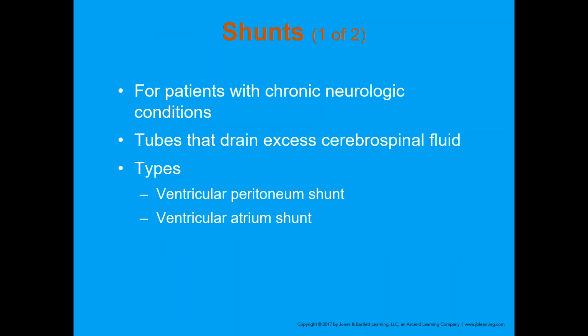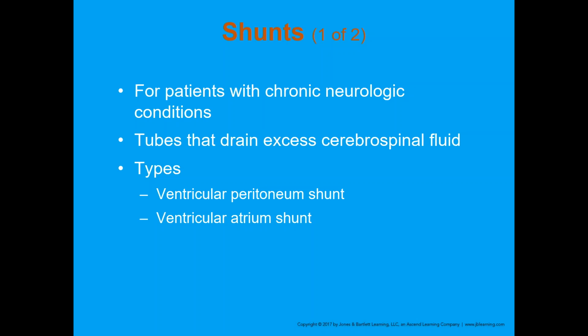So shunts, we talked about shunts a little bit before. Didn't really go too into detail with it. Most times this is for neurologic issues, okay, whether they have a buildup of cerebrospinal fluid. So you've got your ventricular peritoneum shunt and your ventricular atrium shunt.